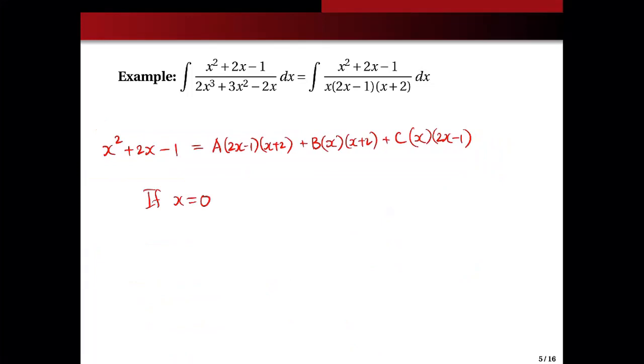So when x equals 0, the left-hand side is just -1. For the right-hand side, when x equals 0, this will be 0, this will be 0. So you'll just have A times -1 times 2. So this is just -2A. And therefore, we have A equals 1/2.